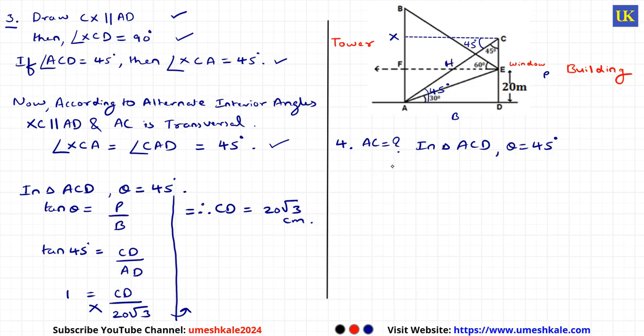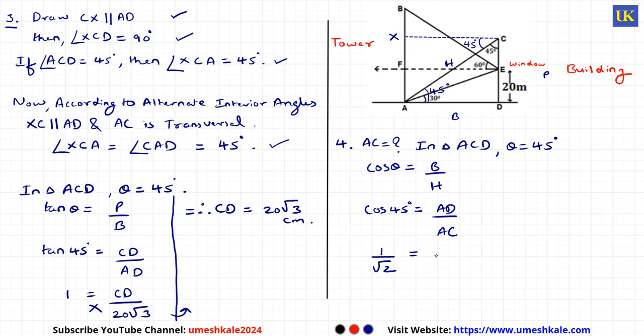Now here we have the measurement of base, and we want to find the measurement of hypotenuse. So base and hypotenuse come in cos. So we will use cos theta, base upon hypotenuse. So cos of 45 degree is equal to base AD upon hypotenuse AC. Cos 45 degree value is 1 upon root 2.